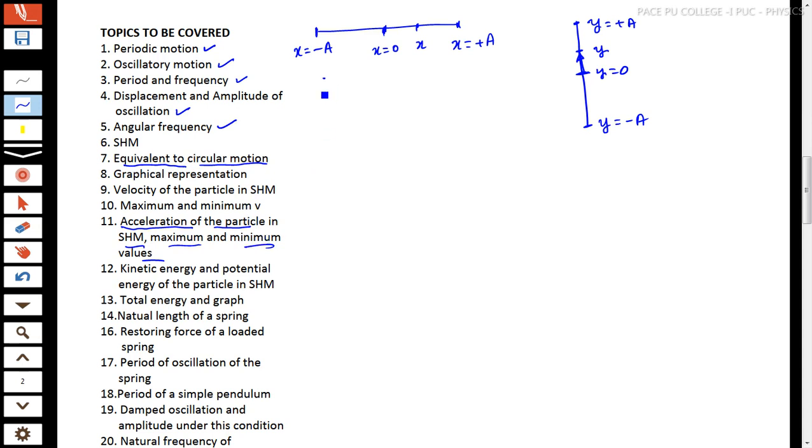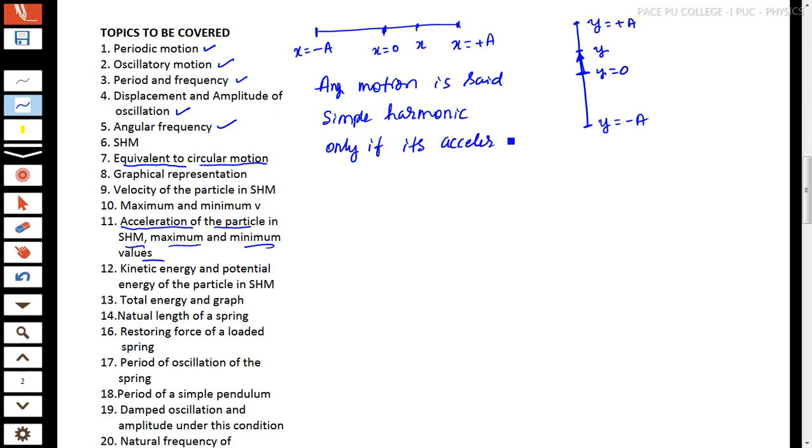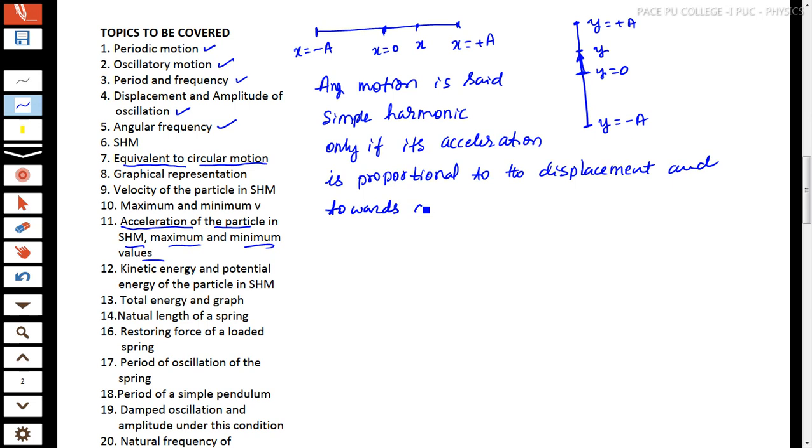Any kind of motion is said to be simple harmonic only if its acceleration is proportional to the displacement and towards a fixed point.